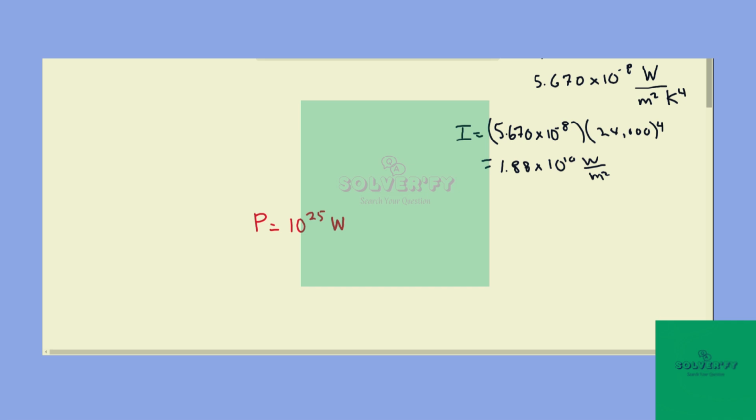But by knowing this, and knowing that the power per unit area is the intensity, we can determine the surface area of the star. And therefore, we can determine its radius by assuming that it's a sphere with an area of 4 pi times the radius squared. That's the surface area of a sphere.